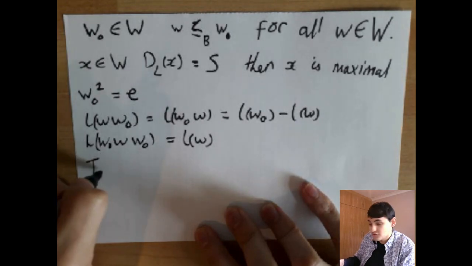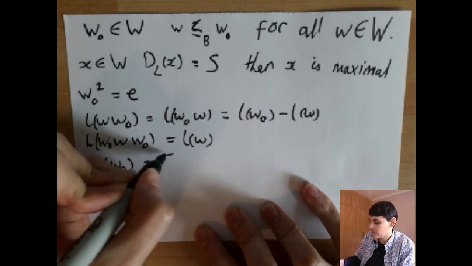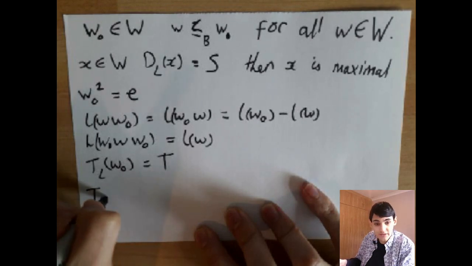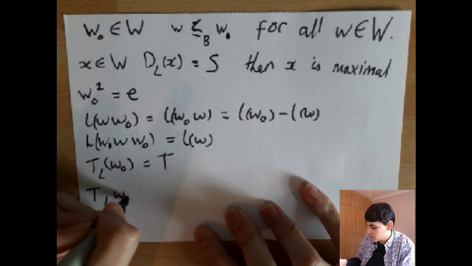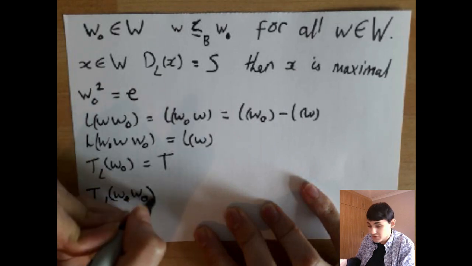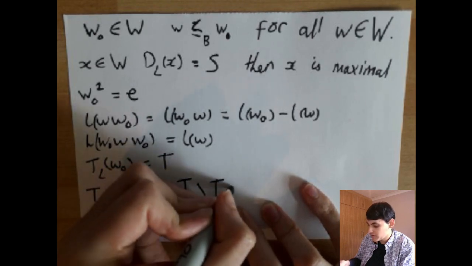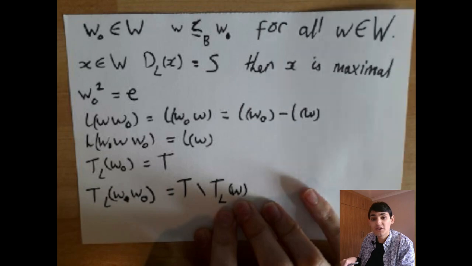The left associated reflections of W0 are all of the reflections in your Coxeter group, and the left associated reflections of w W0 is all the reflections without the associated ones for w.